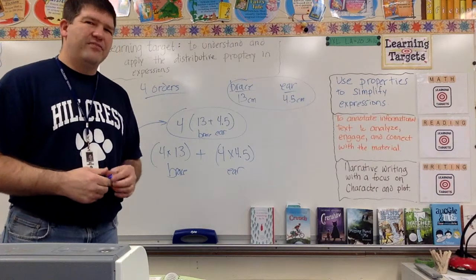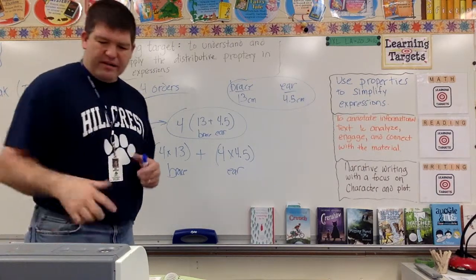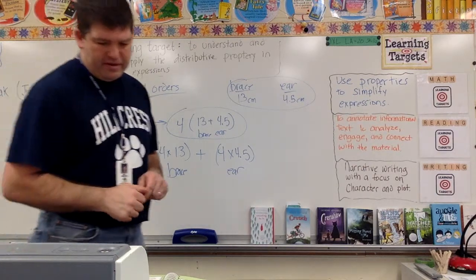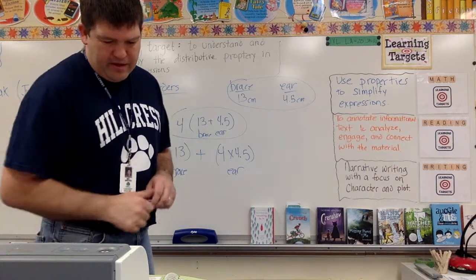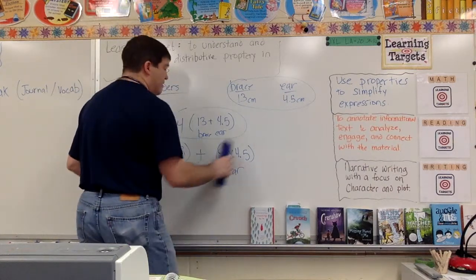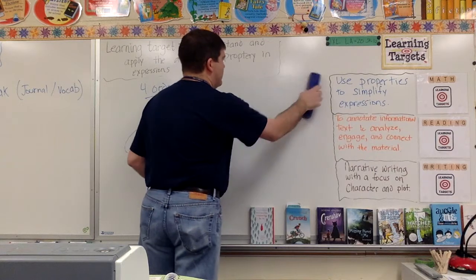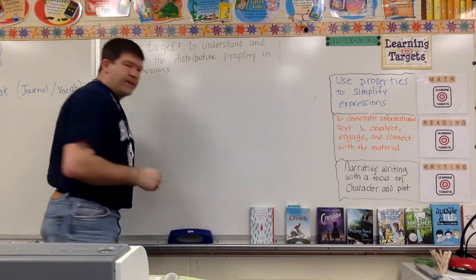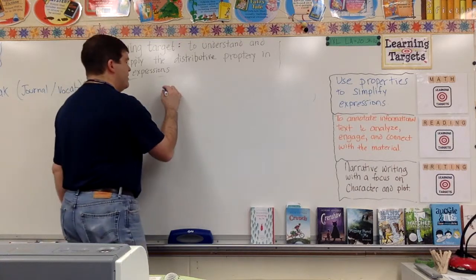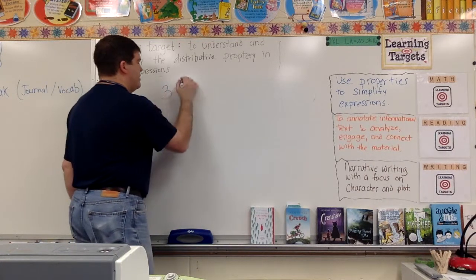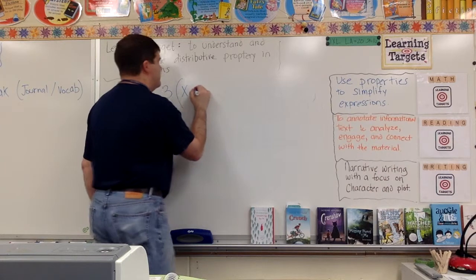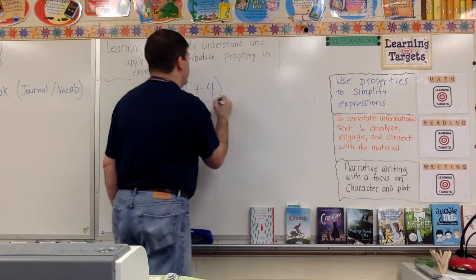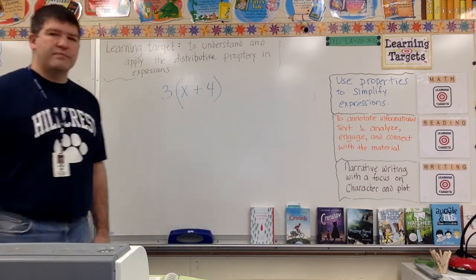All right. Hopefully that gives you kind of a practical example of how this works. Let's do one with a variable. So say I have 3 times x plus 4. Okay? 3 times x plus 4.